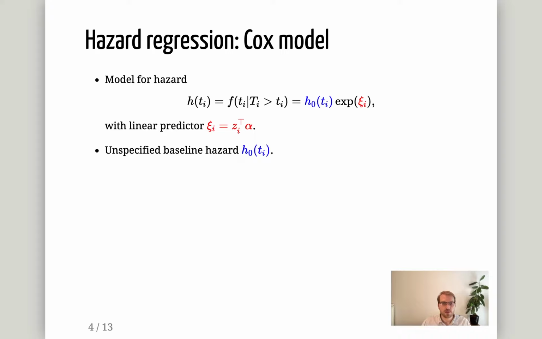And the canonical, the benchmark model for hazard regression is the Cox model. This is simply a model for the hazard rate. And the main component of the Cox model is an unspecified baseline hazard. This is a log linear model for the hazard rate, which is simply the density conditional on an individual not having experienced the event.